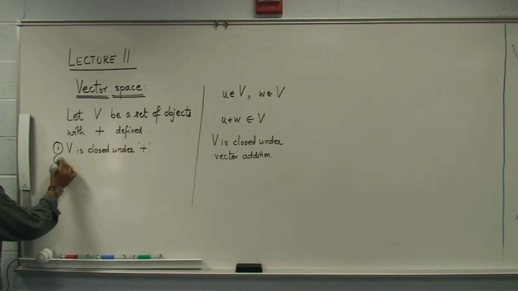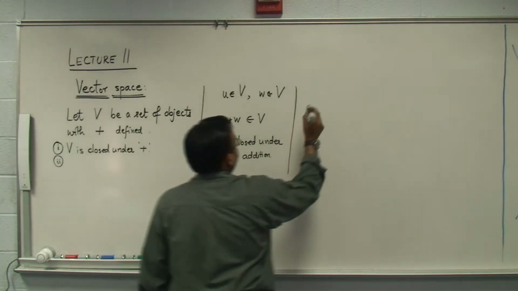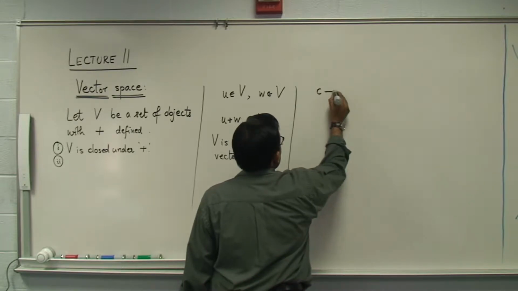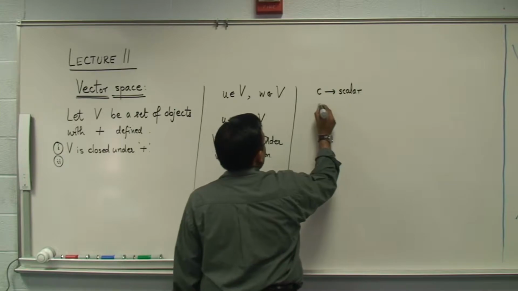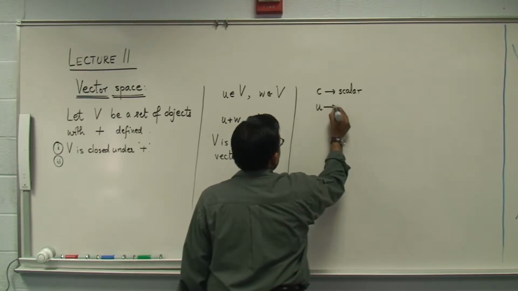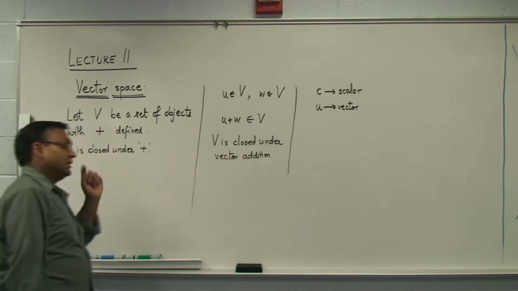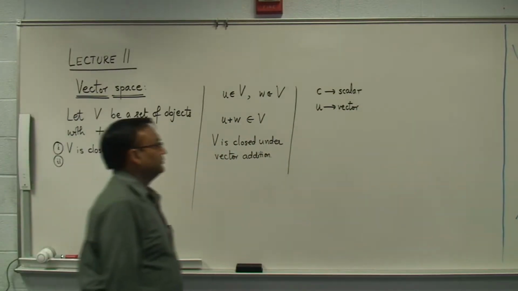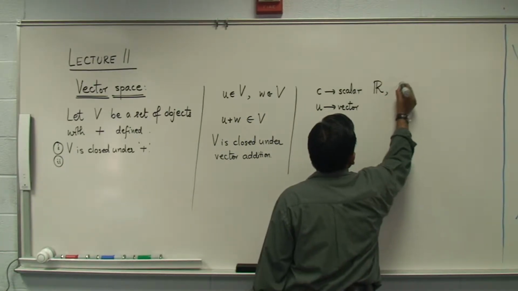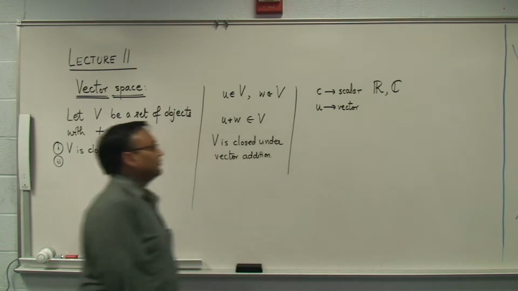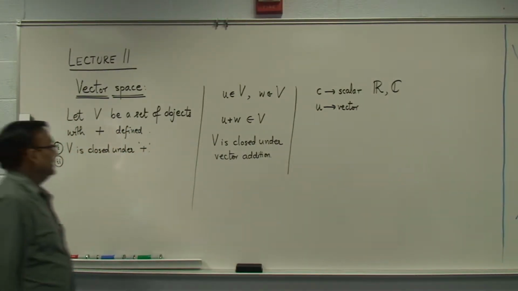and let us have another operation defined on it, which is basically a scalar being multiplied to a vector. When I say scalar, scalar means a constant which would be taken from a field. Usually we will be dealing with reals or complex. So think of it as being picked from either the reals or the complex, but in general it could be of any field.